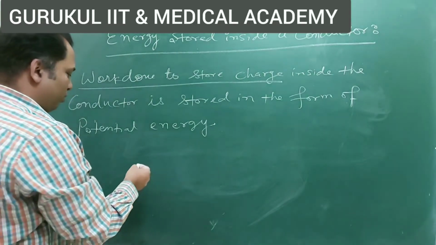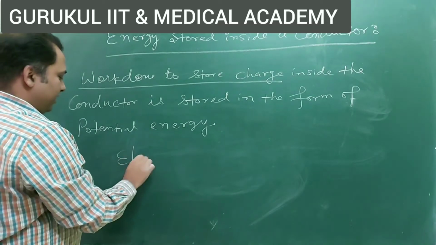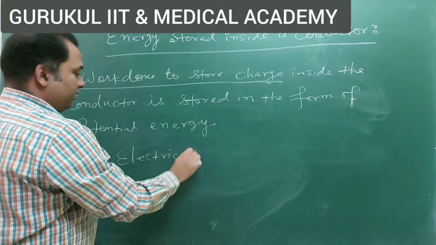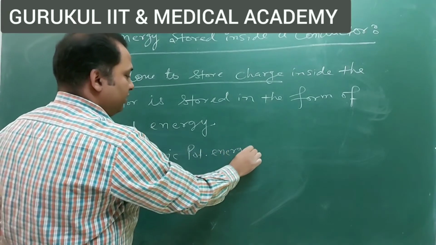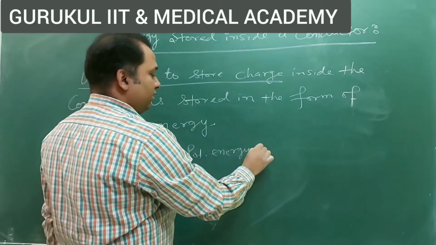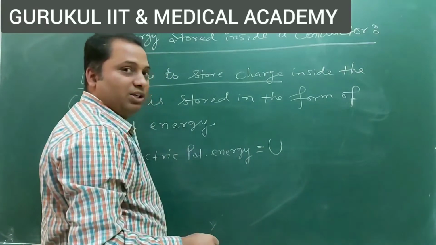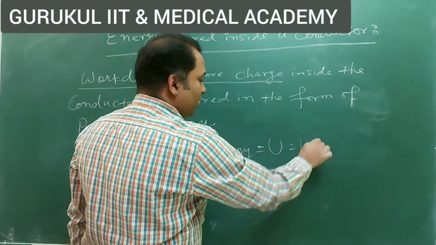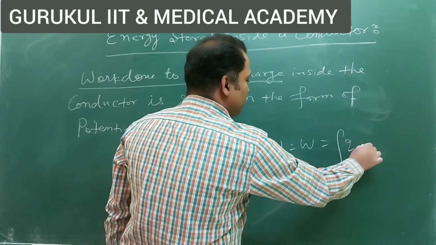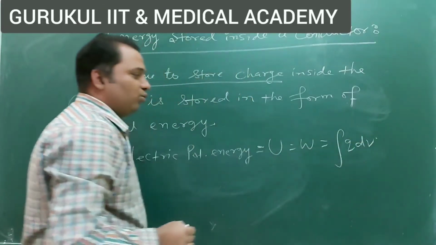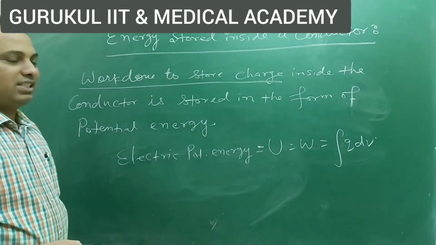Okay, so electric potential energy is represented by U, and it is the work done, which you can write as integral of V dQ... that is, Q dV. Okay, you have to remember this concept.